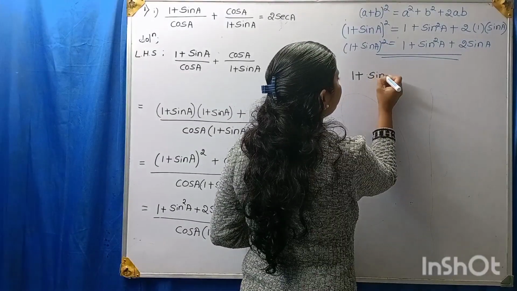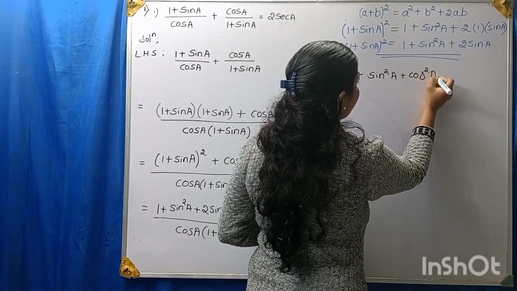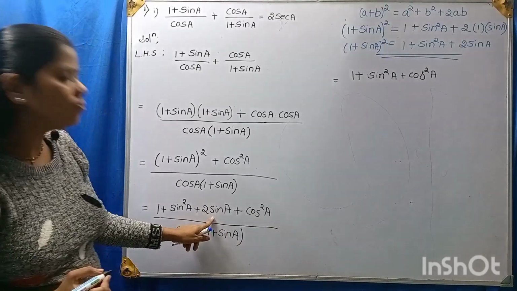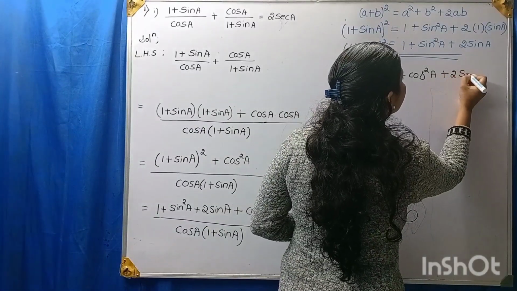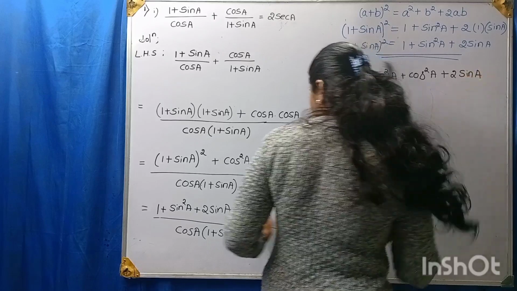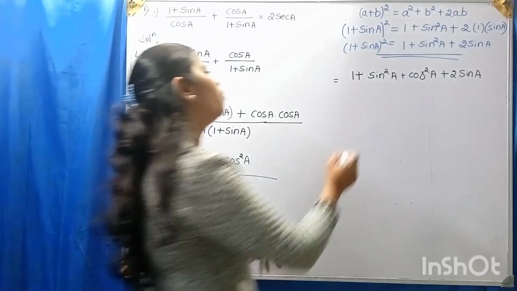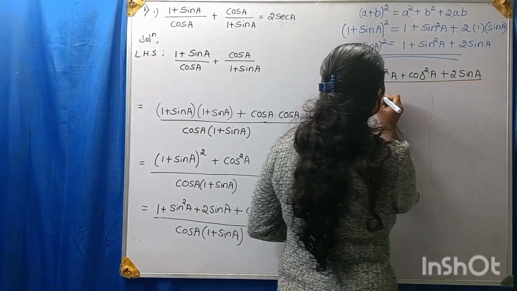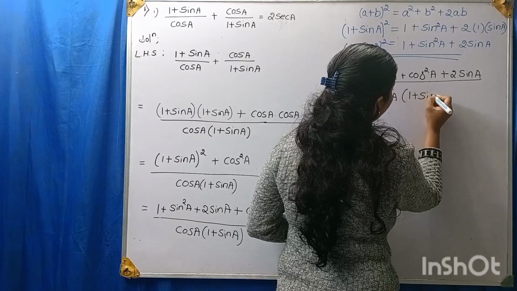Sin square A plus cos square A. Then what is left? 2 into sin A, the whole divided by cos A into (1 plus sin A).